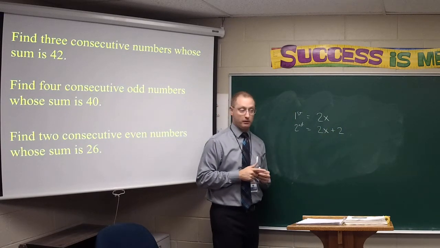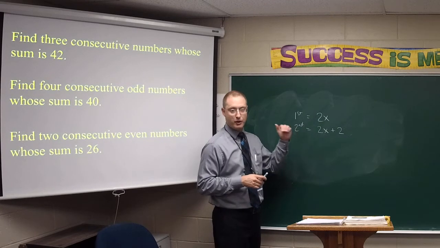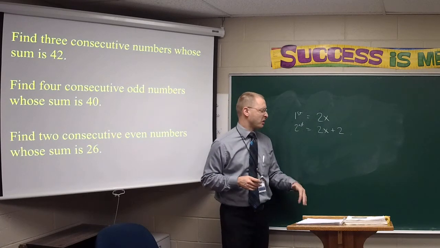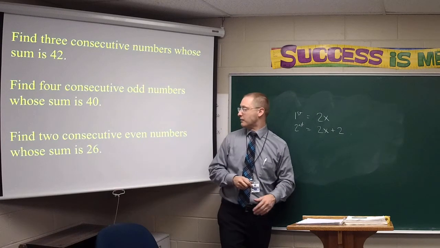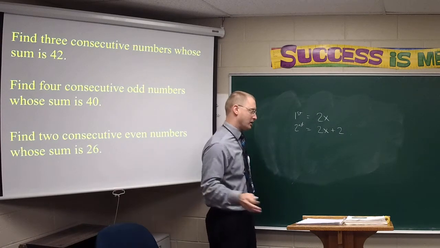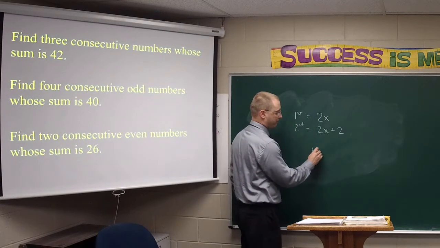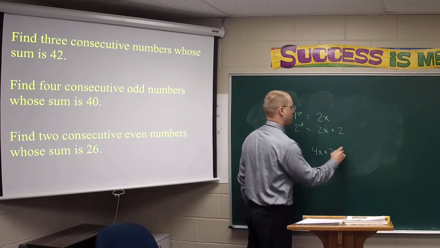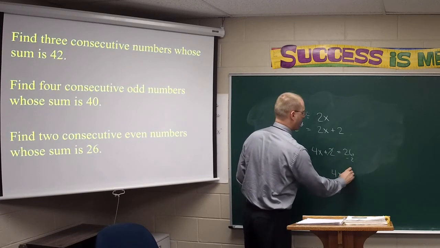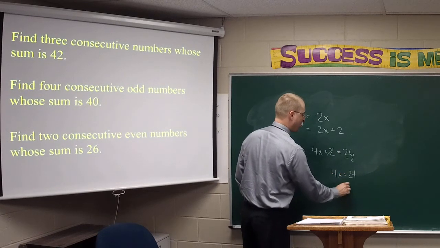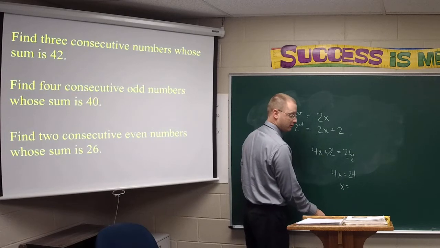What about the next even number? 2x plus 4, then after that, 2x plus 6, and so on. But I don't need to write those, right? I just write these two here, because I only need two consecutive even numbers whose sum is 26. Kendall, what's our equation? 4x plus 2 equals 26. And of course, we'll subtract away the 2, and we'll divide away the 4, and we'll end up getting what, class, for x? 6.